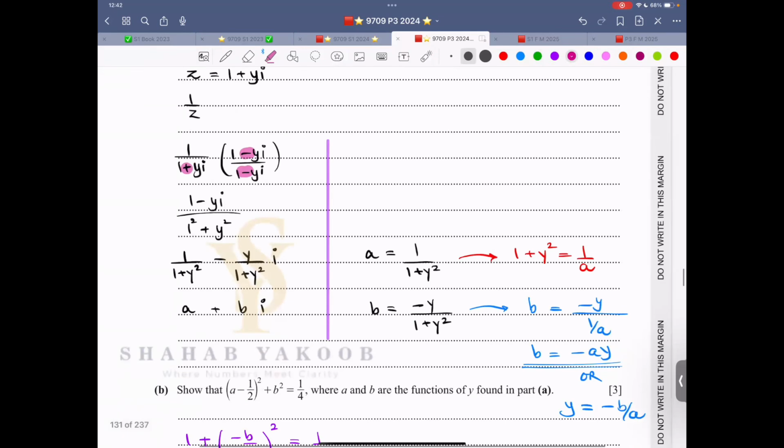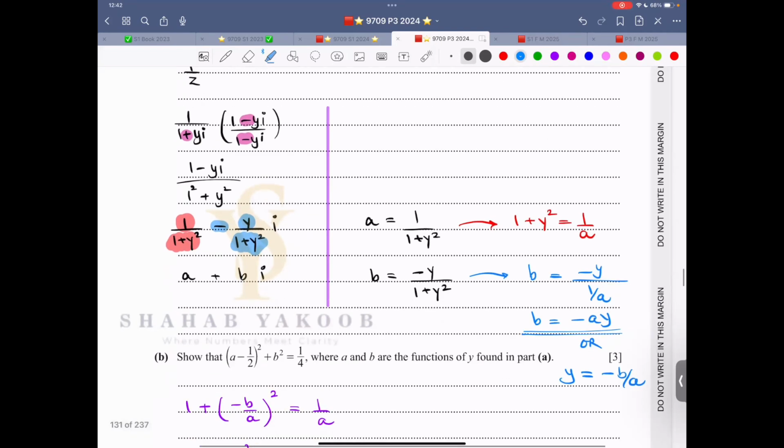And this is what you're getting. So break it up. You get the red part, which is 1 over 1 plus y square. You get the blue part, that is minus y over 1 plus y square. So A is this and B is this. I've also written it over here. So B is this thing and A is this thing.